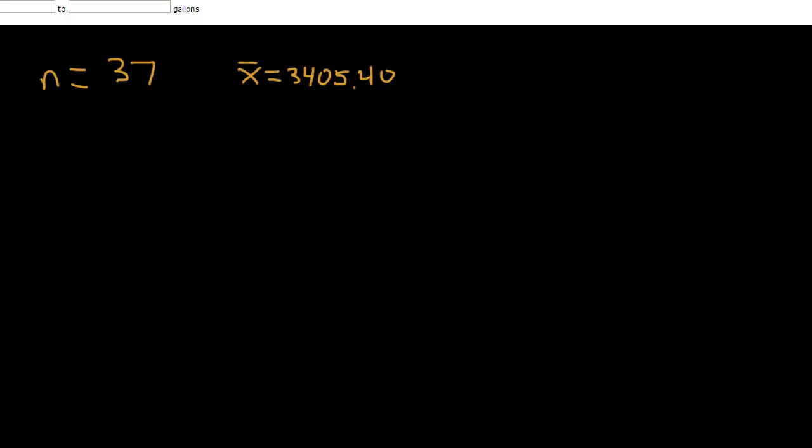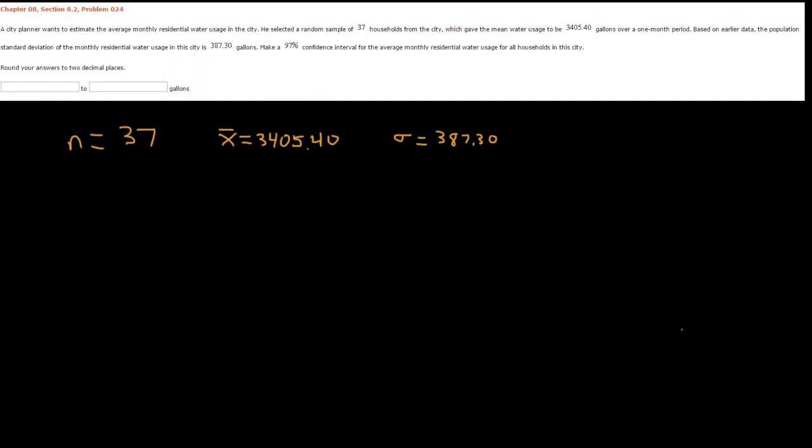Then the important thing we talked about earlier, sigma, the population standard deviation, is 387.30. Those are the three pertinent pieces of information we really need. And of course, the whole point of this exercise is that we need to construct a 97% confidence interval.